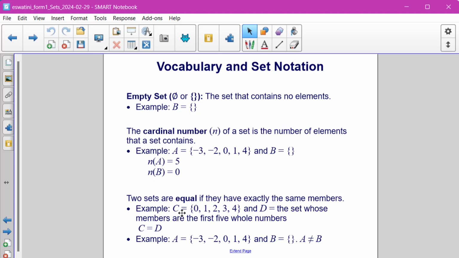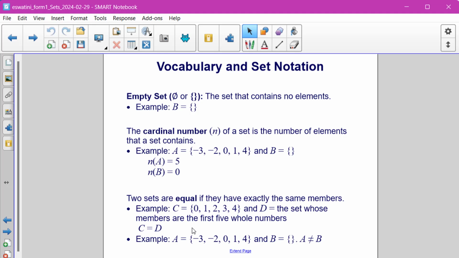Two sets are considered equal if they have exactly the same members. For example, if we had a set C that was the digits 0, 1, 2, 3, and 4, and a set D, the set whose numbers are the first 5 whole numbers, we would end up listing them in braces for set D, and we would get the same exact elements, 0, 1, 2, 3, and 4.